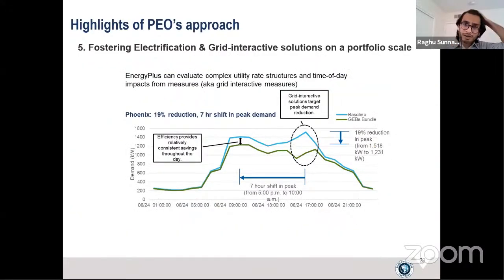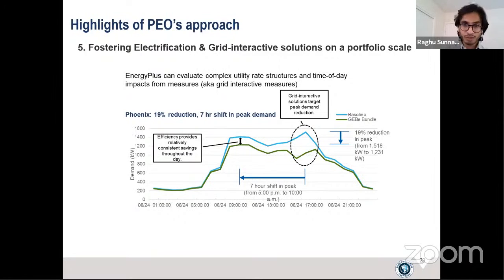And another big part of the advantage we want to get out of using a PEO is to foster, at a high level, electrification, which we think is very important for us to get to the decarbonization goals in general, and also to foster grid interactive solutions.